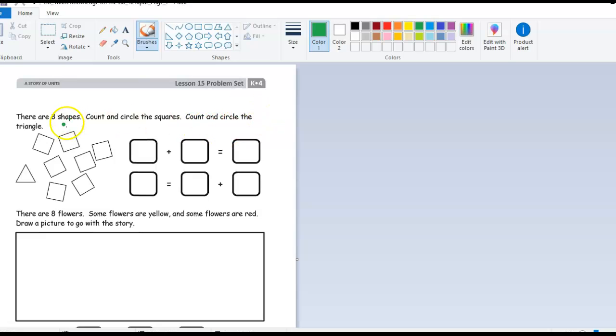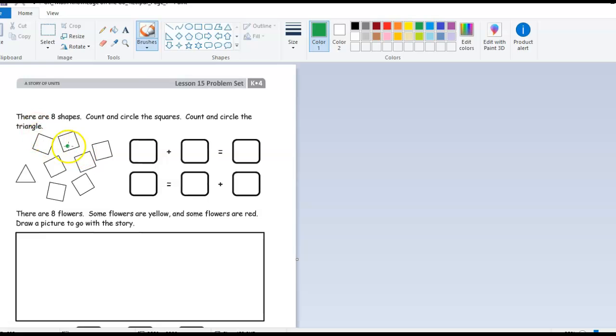Count and circle the triangle. So the first thing that you're going to do is find your whole. And we know that the whole is what? Yes, 8. And remember, in your number sentence, make sure that you find the equal sign so you know where your whole goes.